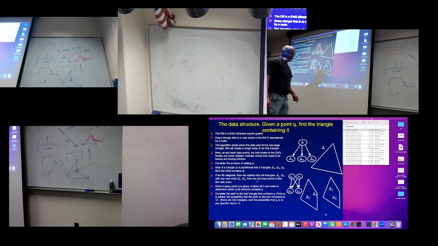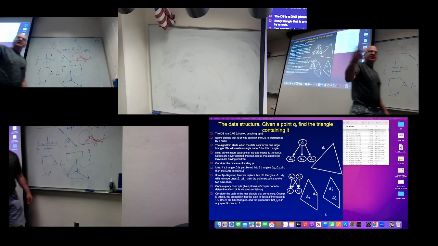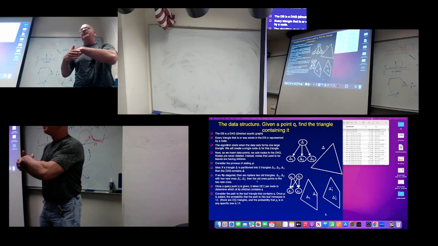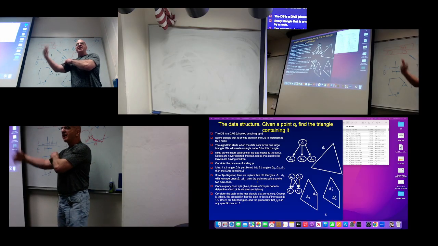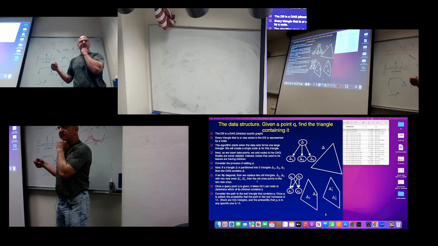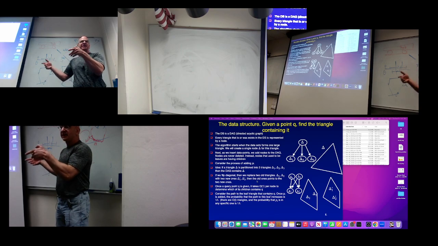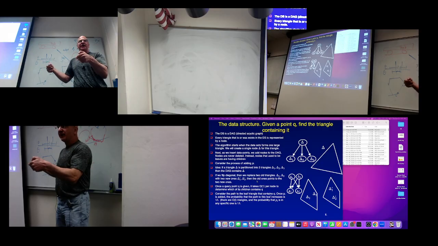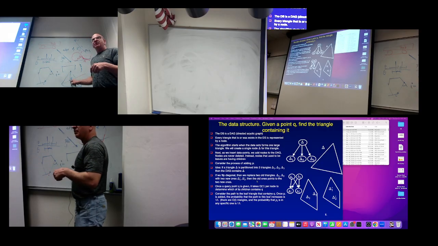Data structure. So the data structure, once again, has two lives. It has a life as the algorithm goes, as I insert points. I need to find out what is a triangle, and triangles keep changing, but I need to find out for a new point Pi at which triangle it lives.